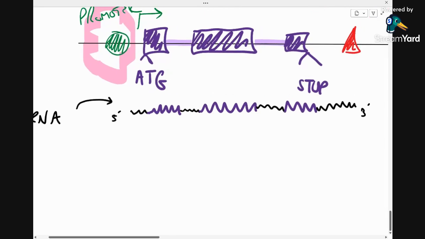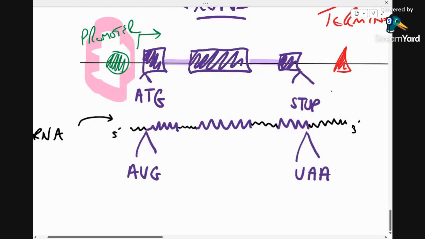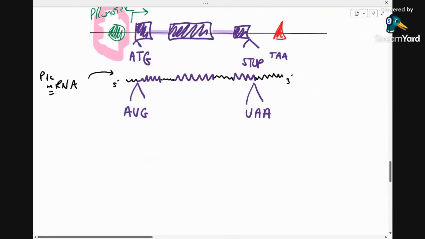So the ATG here right at the start will be maintained, but of course it's now RNA. So instead of ATG, it is now AUG. And similarly with the stop codons. So let's just pick one. Let's go UAA. Don't forget TAA was the sequence up here, if that's the case. So that's what our pre-mRNA looks like.